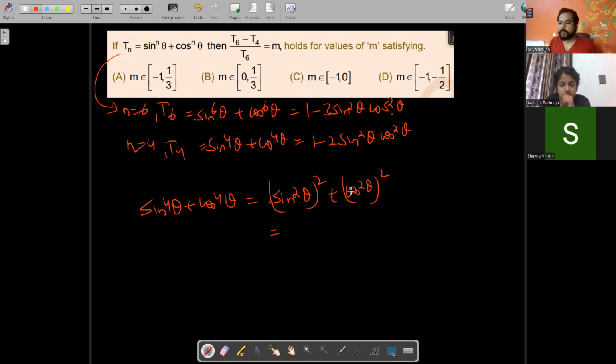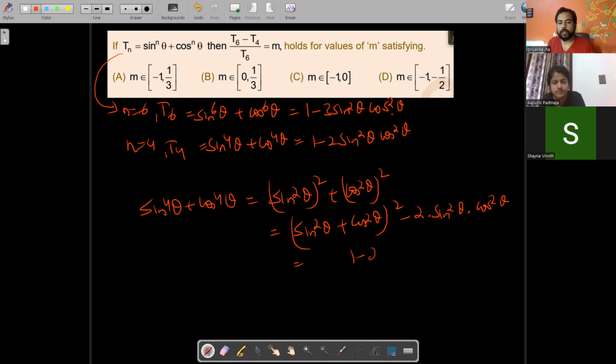So this is like a square plus b square, which can be written as a plus b whole square minus 2ab. You know that sin square theta plus cos square theta is 1. So this is 1 minus 2 sin square theta cos square theta.